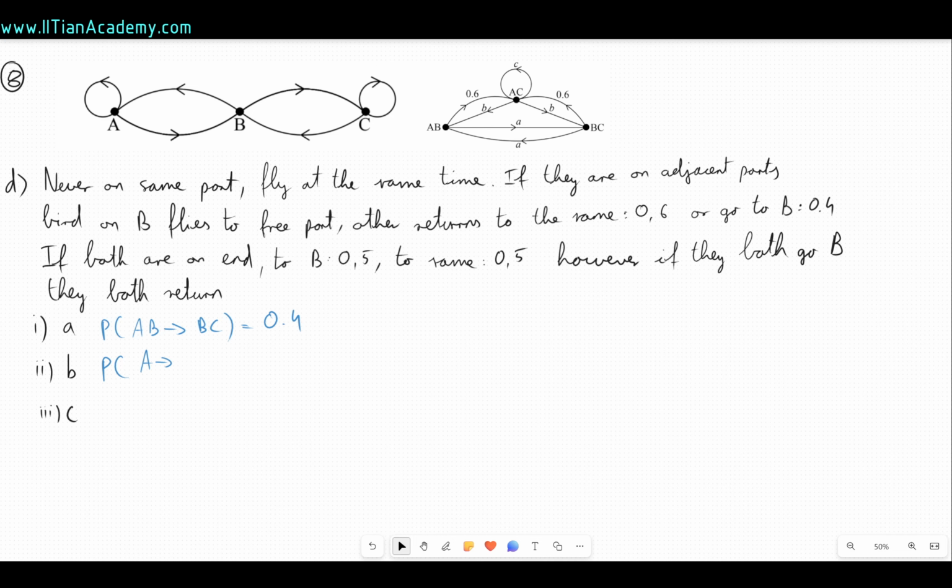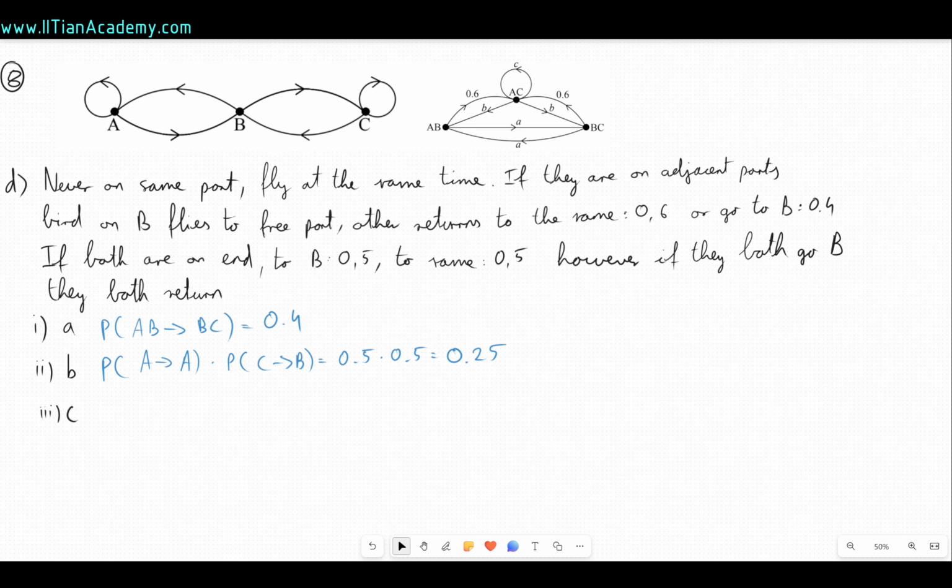So the only way that's really possible is if the bird on A stays on its own post and the bird on C goes to B. So A stays on A, and we multiply it with the probability that C goes to B. Well, we're told in the last condition that if they're both on the ends, they have a probability of 0.5 in either going to the middle or to the end. So these both have a probability of 0.5. So this is 0.25.